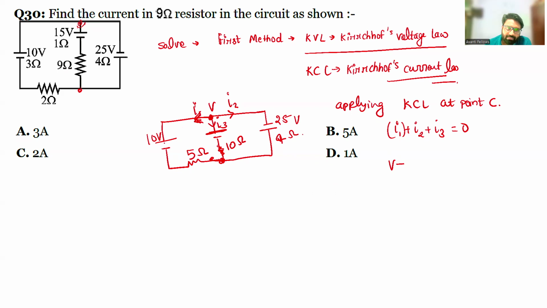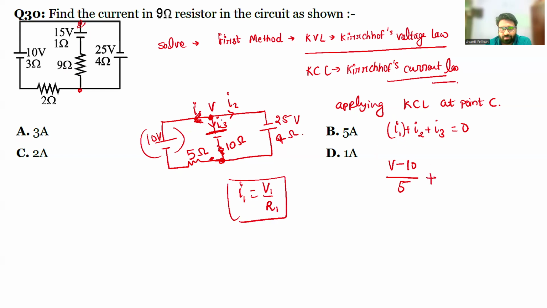This point potential minus this point potential. V minus, 10 volt battery is present. V minus 10, divided by what is the value of resistance that you are having? Upon 5. Because I1 is given by V1 upon R. Okay. That method we are using.